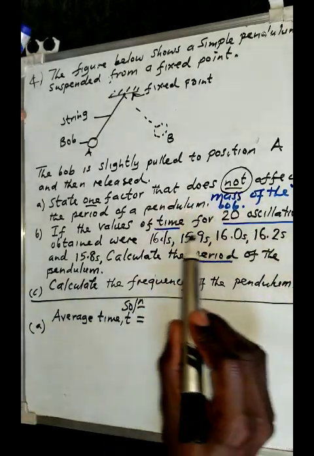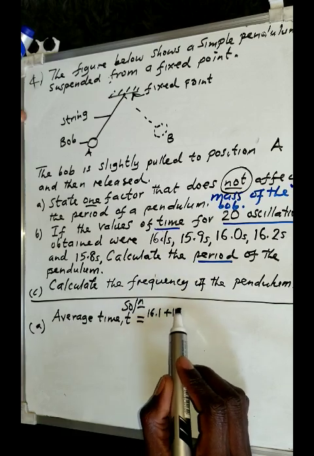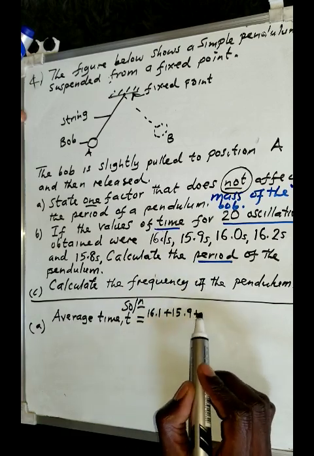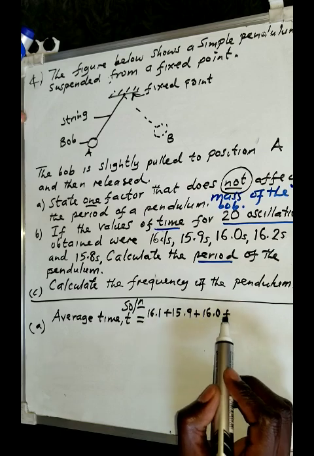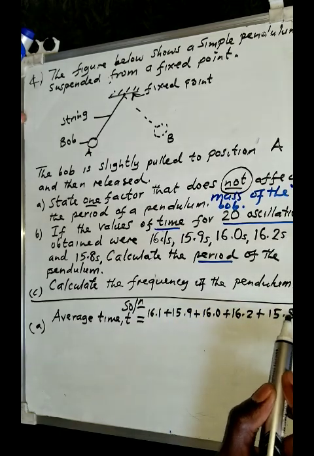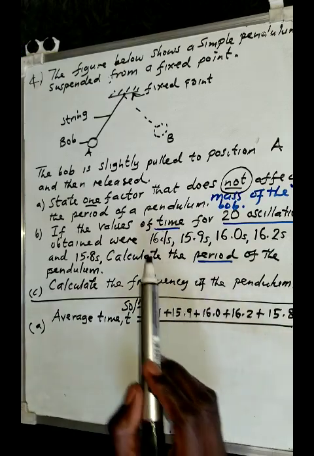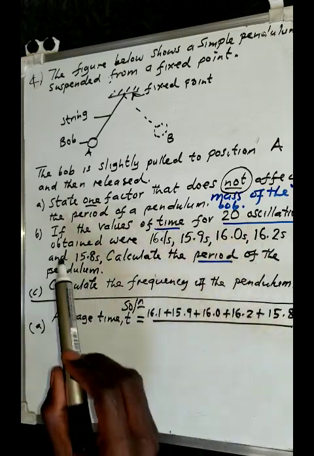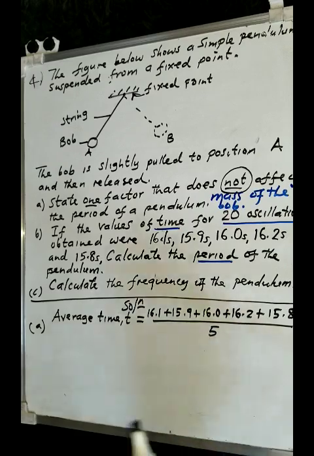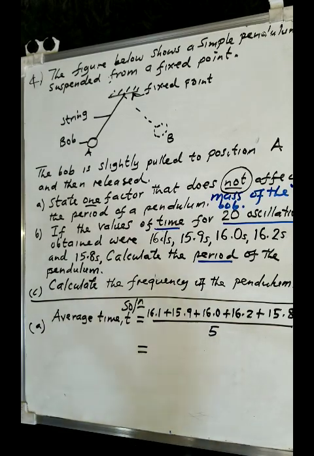So you need to add all the times, 16.1 plus 15.9 plus 16.0 plus 16.2 plus 15.8. Then this you divide by how many experiments were there. So there were 1, 2, 3, 4, 5. So we are going to divide that by 5 so that we can find the average time for all the 5 experiments that were done.